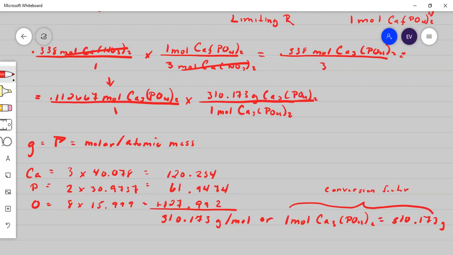Okay, so there's that. I'm going to multiply everything across the top, everything across the bottom, divide at the end, 0.112667, enter, and I should end up somewhere in the realm of 34.9463 grams of calcium phosphate.